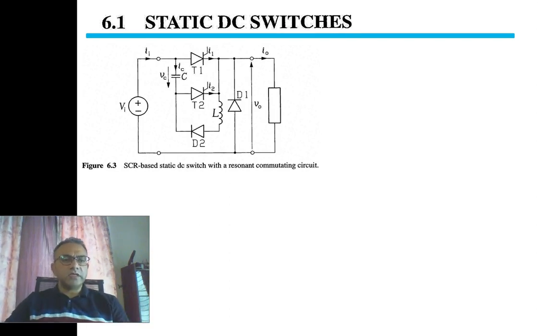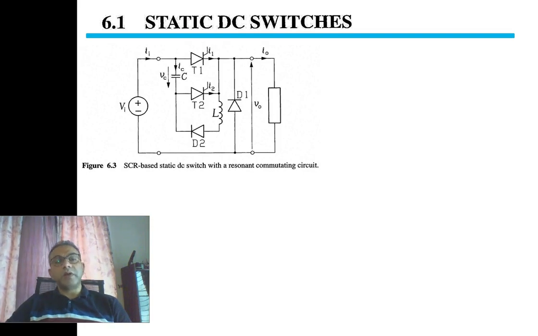The answer lies in the VI characteristic of the SCR. To turn off the SCR, we must ensure that the main current flowing through the SCR is less than the holding current. That is the only technique we have to turn off the SCR.